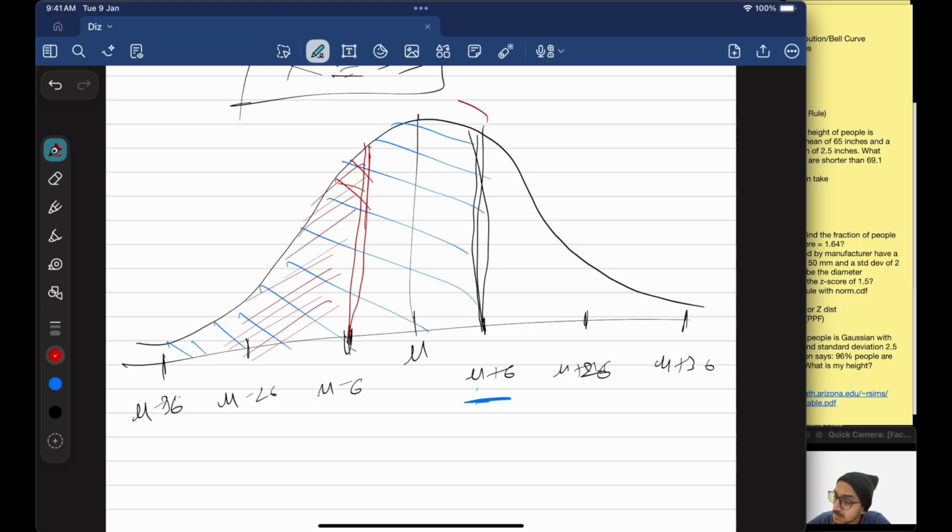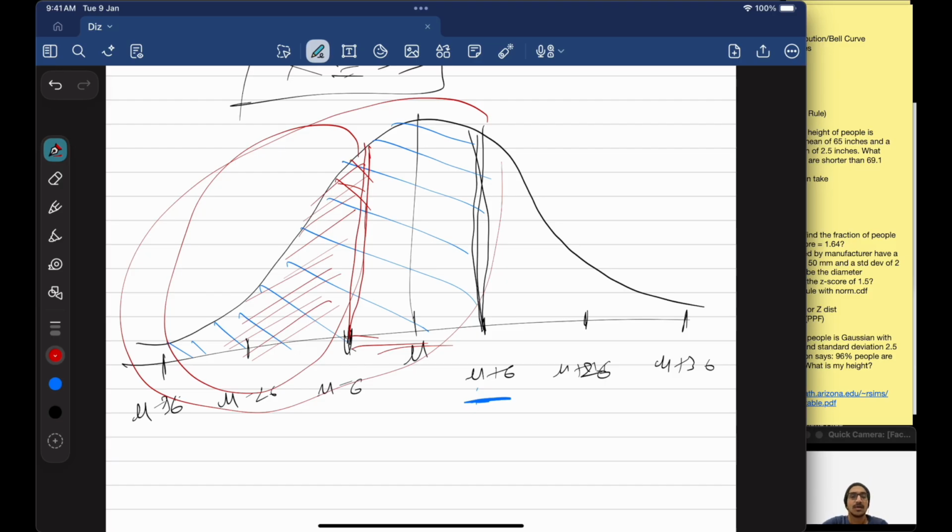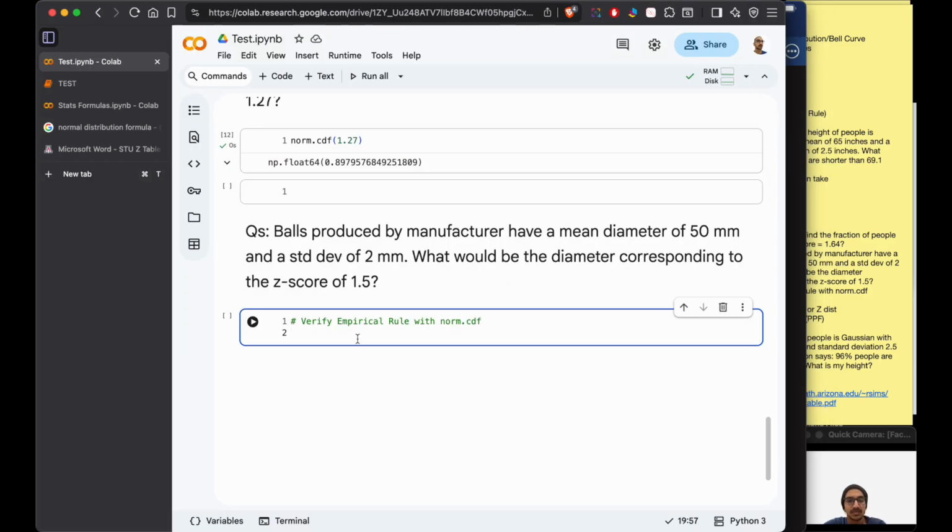So from this area, I have to remove this area. That is when I'll get the correct proportion. So I have to do something like norm.cdf, and what is the z-score here? It will be 1, right? Because it's one standard deviation, it will be -1. So I'll have to subtract from +1 to -1.